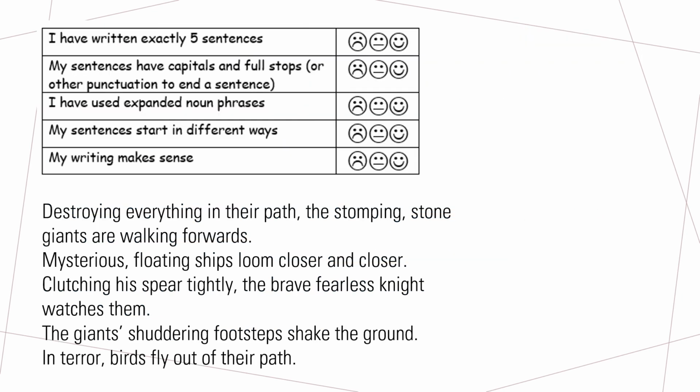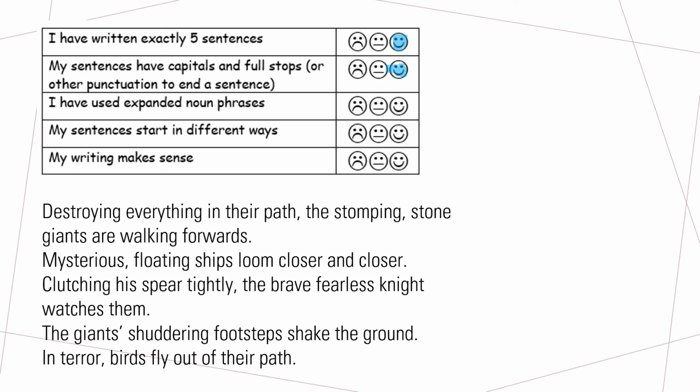Okay, let me show you the last bit finally. I've got my sentences here, and this is how I'm going to do my marking ladder, and this is what I want you to do. You've got to check here. So have I written 5 sentences? Yes, I have. My sentences have capital letters and full stops?